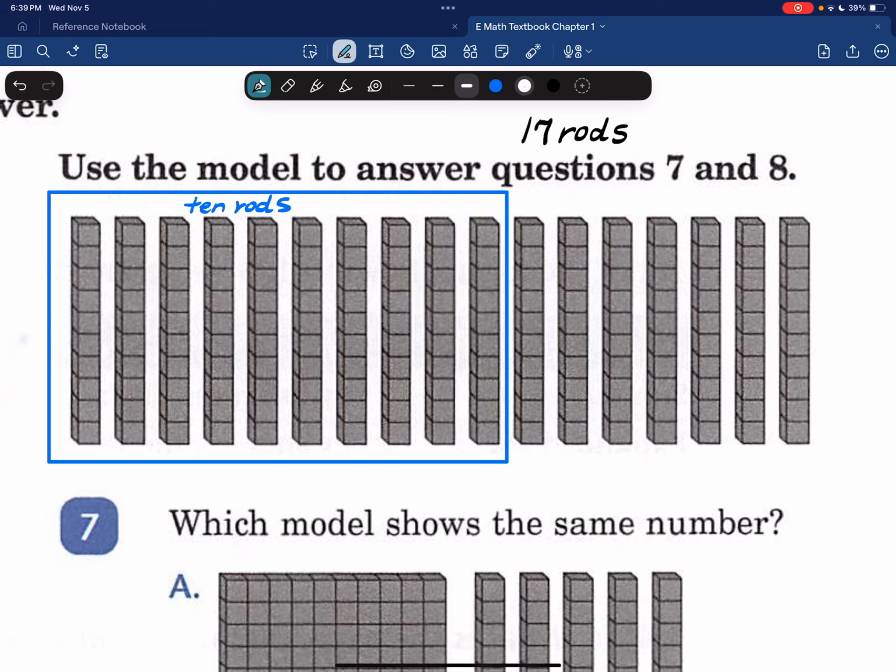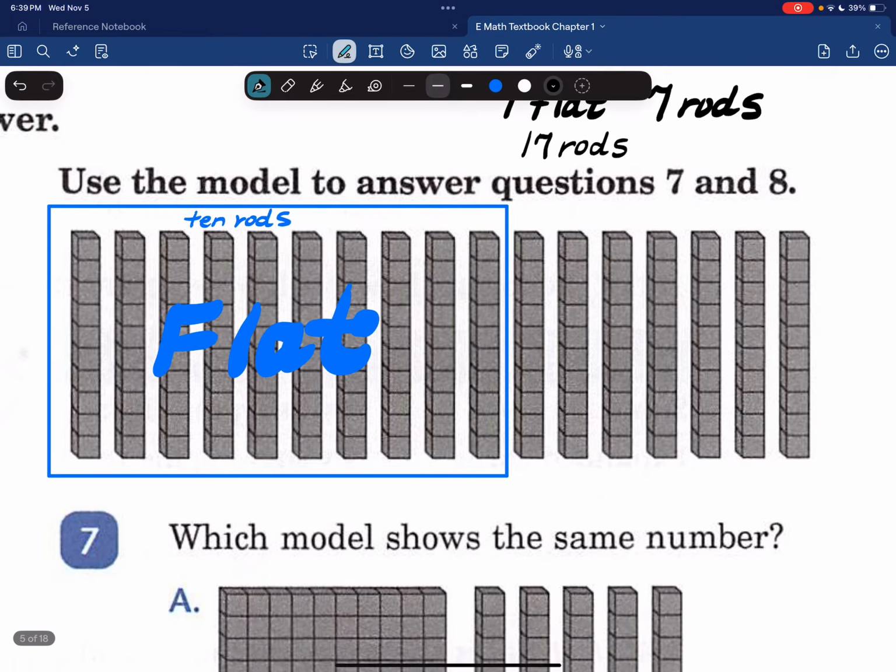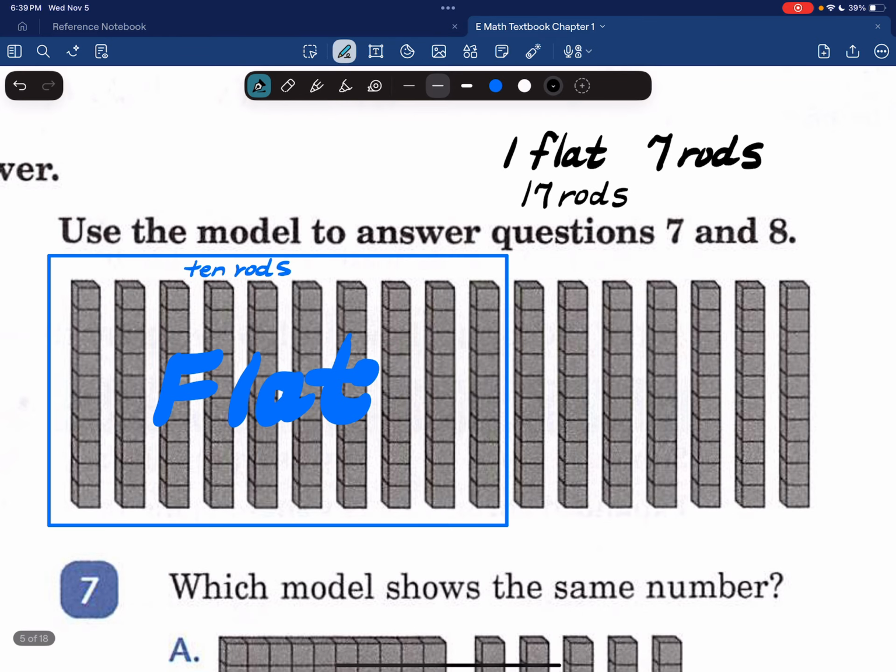Well, that's not going to be easy to do. This is 1 flat. So that's another way to say it. We can say that we have 17 rods, or we could say that we have 1 flat and 7 rods. So either way you look at it, both of those would be true.